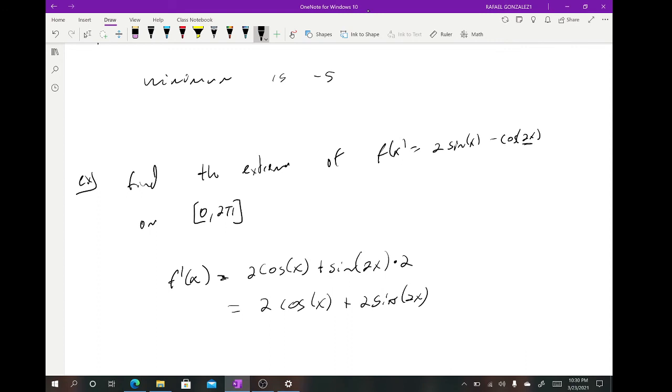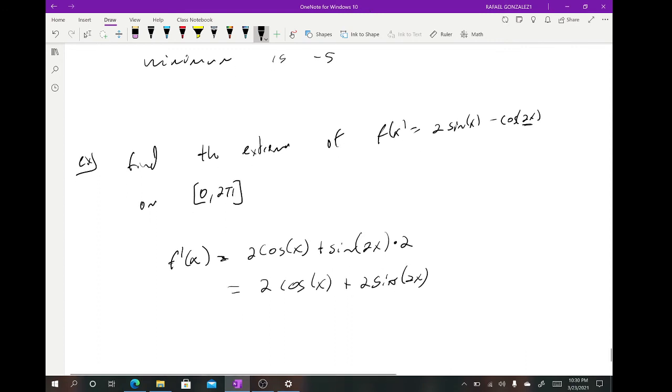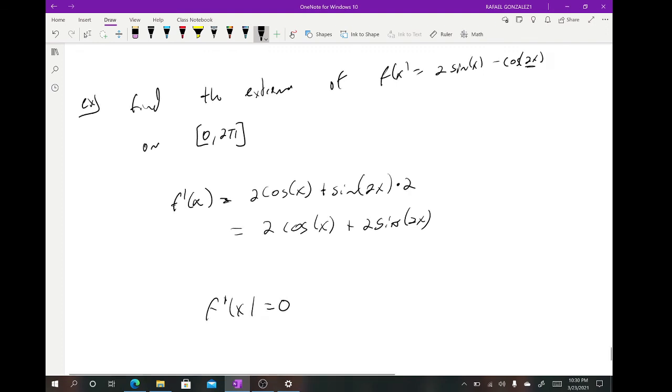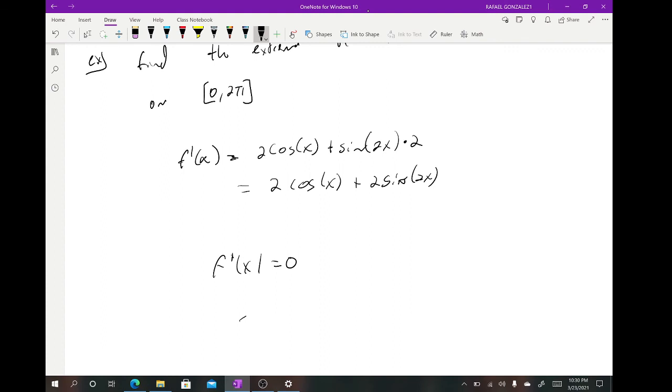So that's what we have for the derivative. So you have to now find what values of x make f prime of x equal to 0. That means solving 2 cosine of x plus 2 sine of 2x being equal to 0.